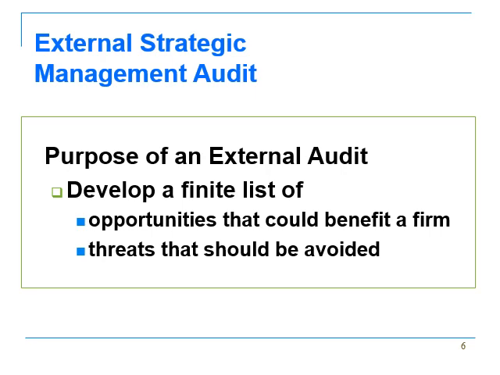Now we need to look at what is the purpose of an external audit. Develop a finite list of opportunities that could benefit a firm and the threats that should be avoided. So basically, the external audit is a part of the SWOT.